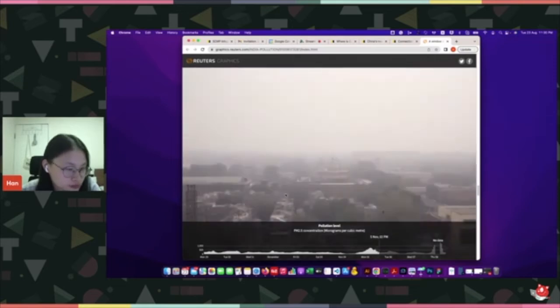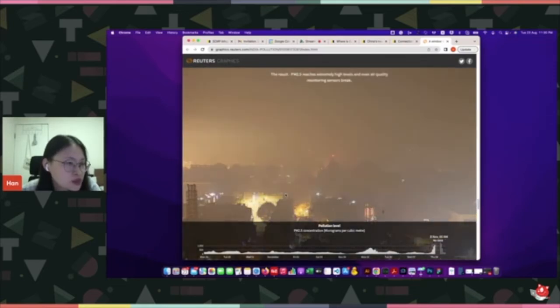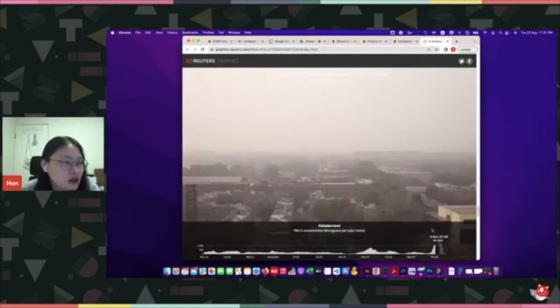Then we come to the next day of Diwali. It's very hard to see anything from the photos, and we don't have any data for that day because the air pollution was so bad that the sensors broke.